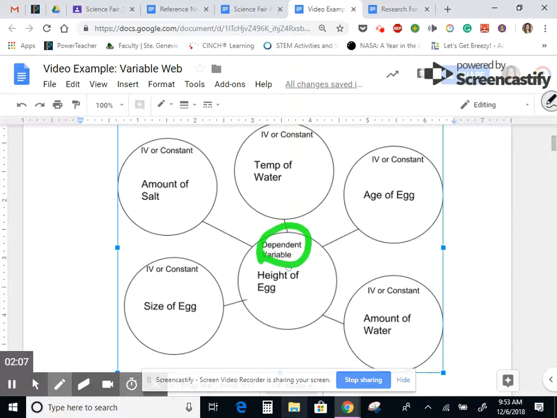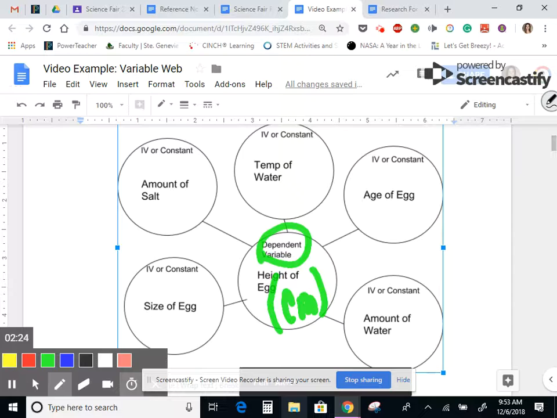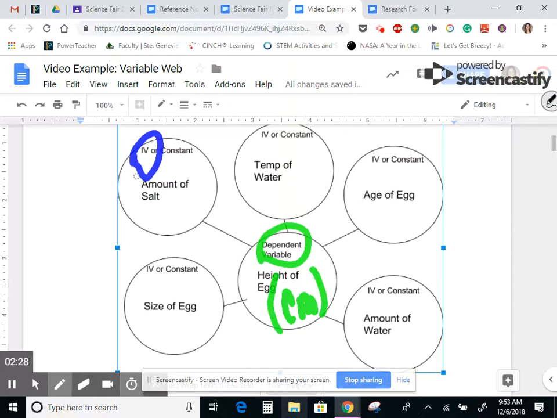We can measure this using the metric system, so I'm going to use centimeters. Make sure that if you are doing anything with measurements, you are using the metric system for these science experiments. Then we have our IV. Our IV is what we are changing in the experiment.